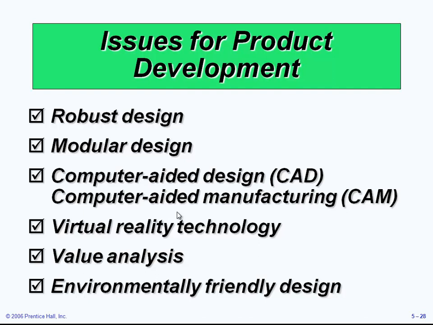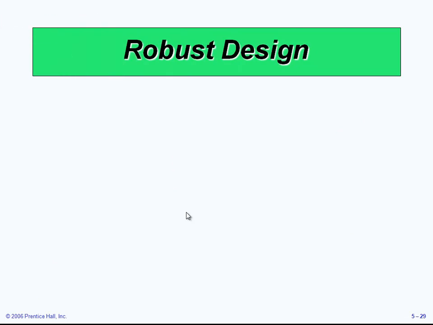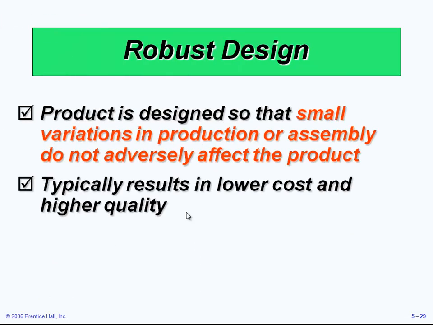Maybe also it's possible to use other technologies such as virtual reality technology, or analyzing the value of the product and pushing towards an environmentally friendly design. So when we say robust design, I mean the product is designed so that small variation in production or assembly do not adversely affect the product. Typically results in lower cost and higher quality.